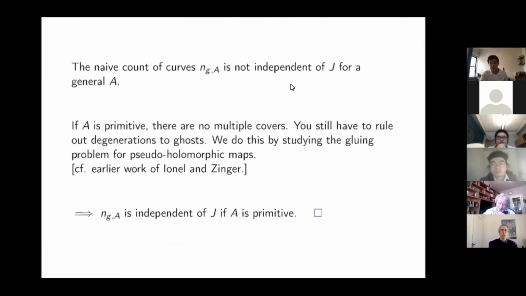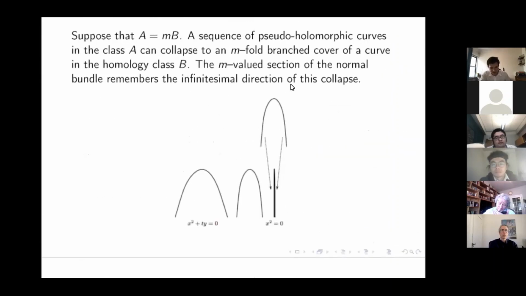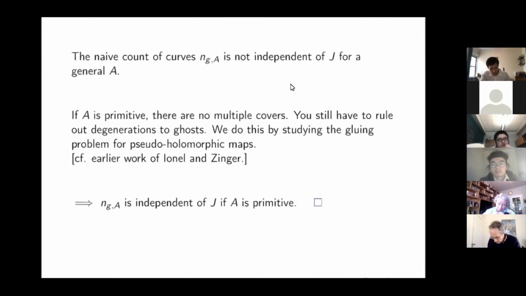And maybe I didn't say it, but if this happens, of course, then the number of embedded curves representing this homology class changes, because once this curve collapses, it no longer exists. So the upshot of this discussion is that the naive count of curves N_A, even though you can define it for a generic J, for a general homology class will depend on J, because some embeddings can degenerate to multiple covers.